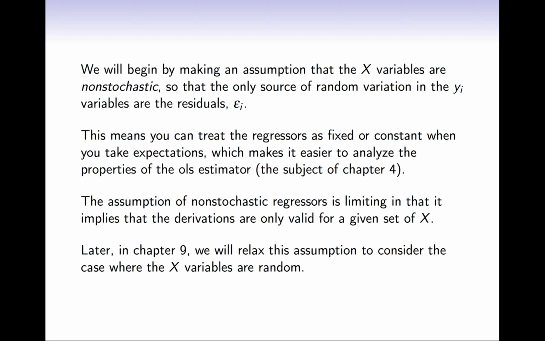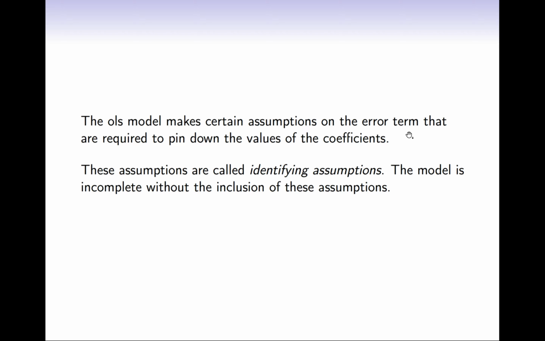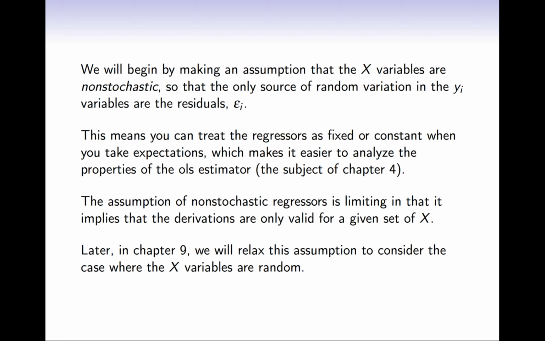Okay, so to begin with, when we're looking at the OLS model, we're going to assume that the x variables are non-stochastic. That means that we can treat the x's as if they were just constants, and that the only source of random variation in y is going to be the residuals. So why do we make this assumption? Well, basically, this just makes some of the results simpler to derive.